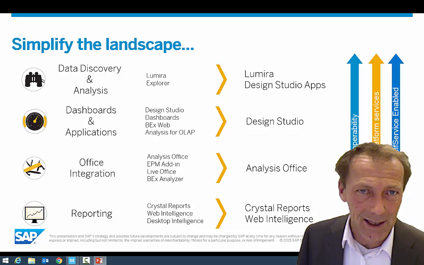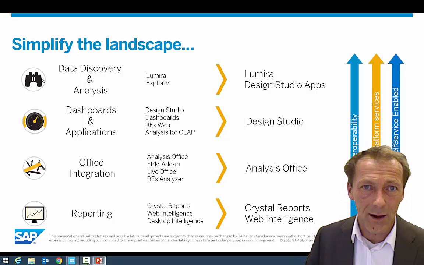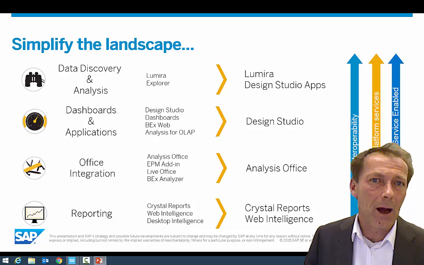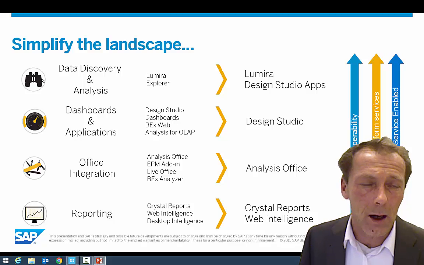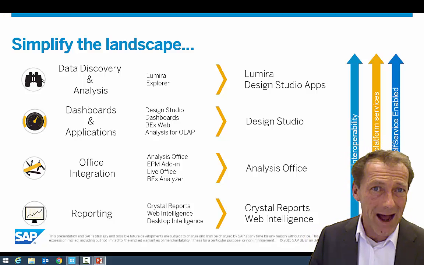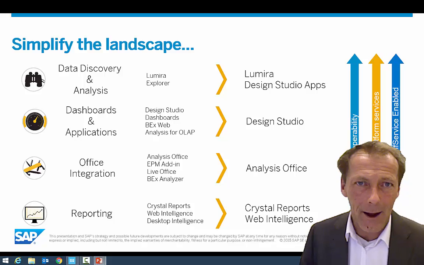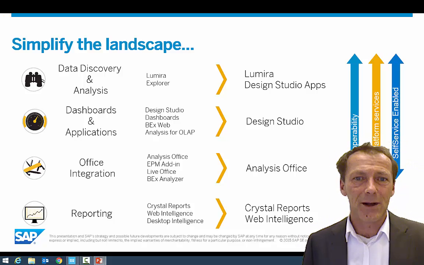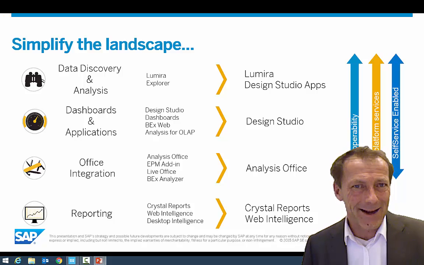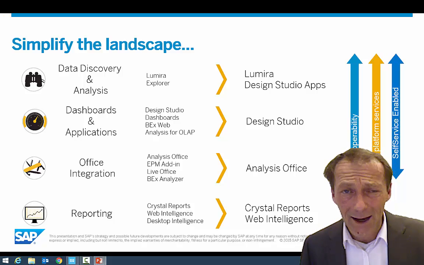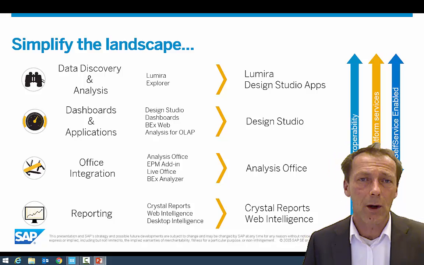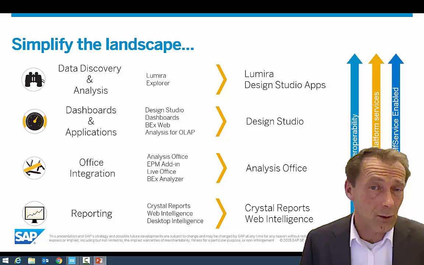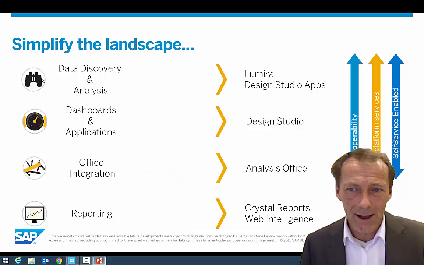Anything that is data exploration, data visualization, getting insight, self-service is Lumira, accompanied by the Design Studio apps that are now available. If you prefer to work with a Microsoft-driven user interface, then the way to go is Analysis for Office, and anything that is managed reporting or centralized reporting is either Crystal Reports or Web Intelligence.